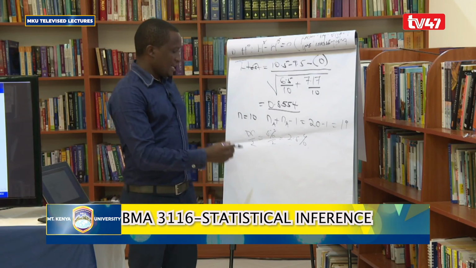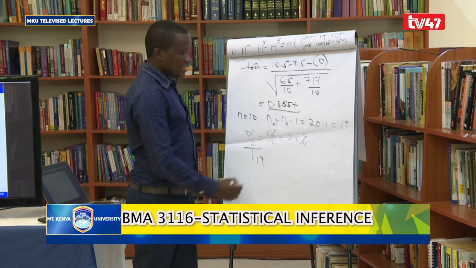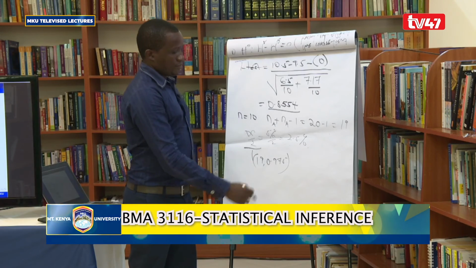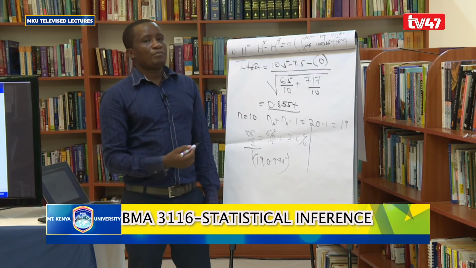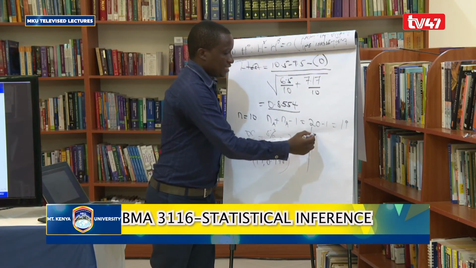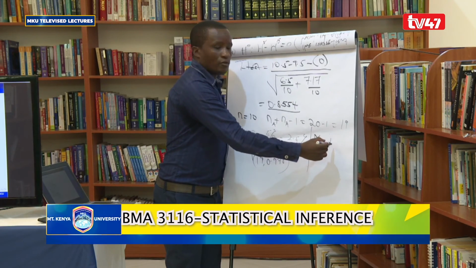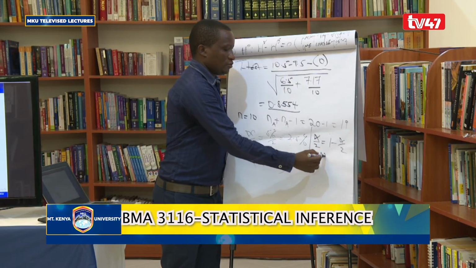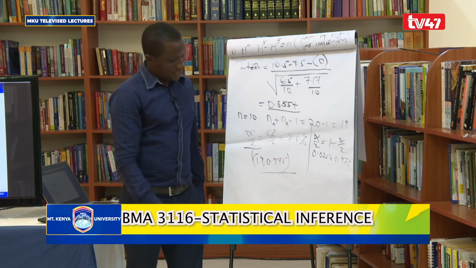So we will be looking at the tabulated value of the T at 19 degrees of freedom and 0.975 level of confidence, because again, a T distribution table being a form of a normal distribution, it is symmetric, and the value you read for alpha over 2 is the same as the one you read for 1 minus alpha over 2. So if I'm having 0.025, then it's the same as 0.975, hence this case.